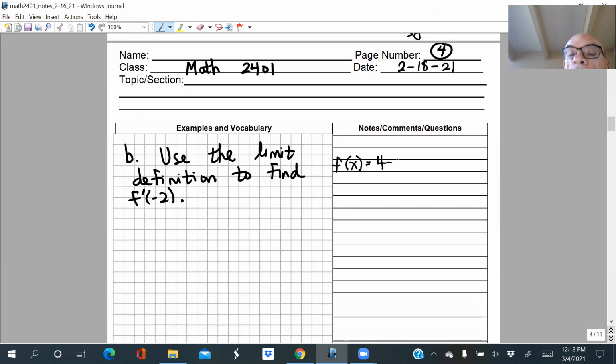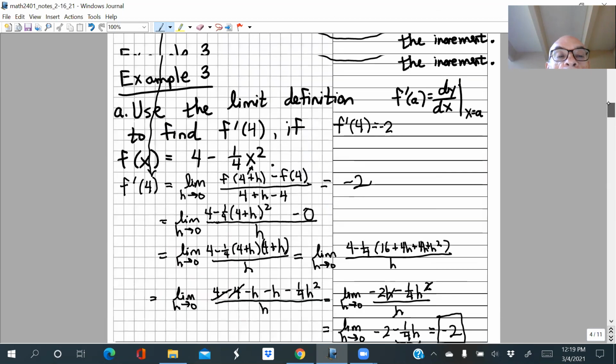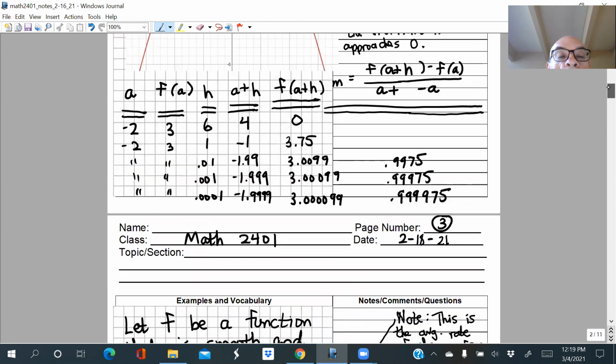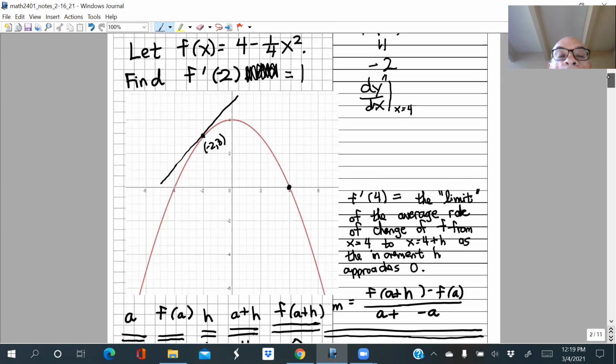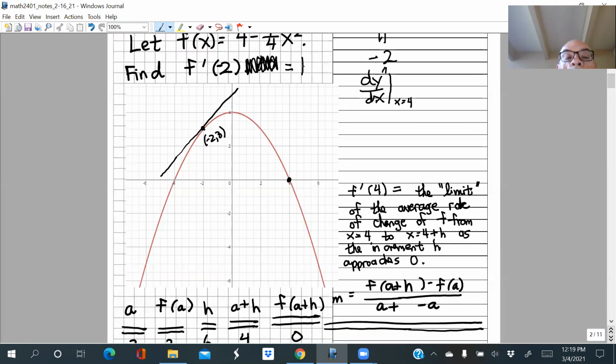What was it? 4 minus 1/4 x squared, right? So same function, but now I want to find the instantaneous rate of change. We got that last time to be, if I can scroll up here, what did that turn out? Oh, it turned out to be 1. So we figured out last time that the instantaneous rate of change, here's the function 4 minus 1/4 x squared, has to be 1.